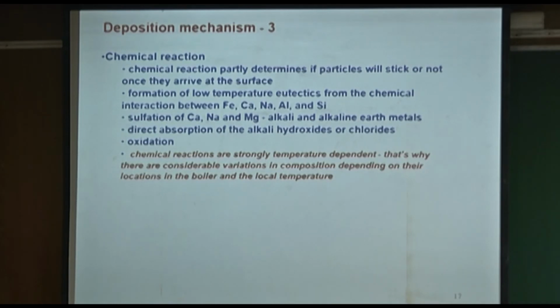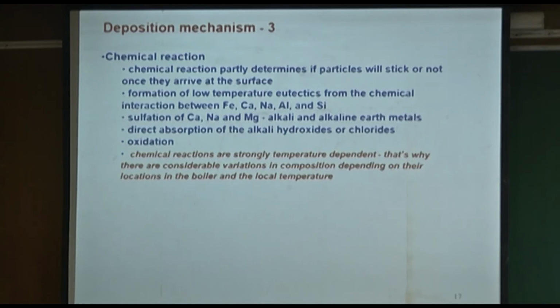And if you have high alkali coal or high chloride coal, depending on where the coal is mined from, obviously you can have chlorides as well. If you have a tiny amount of sodium chloride in the deposit, it can melt at 600, 700 degrees centigrade, which is extremely low.